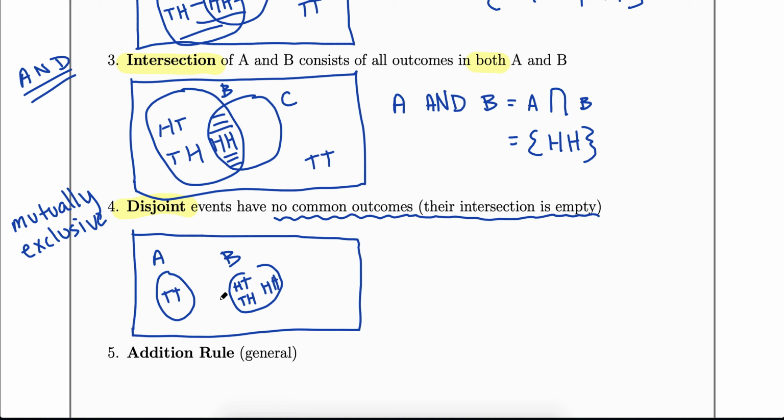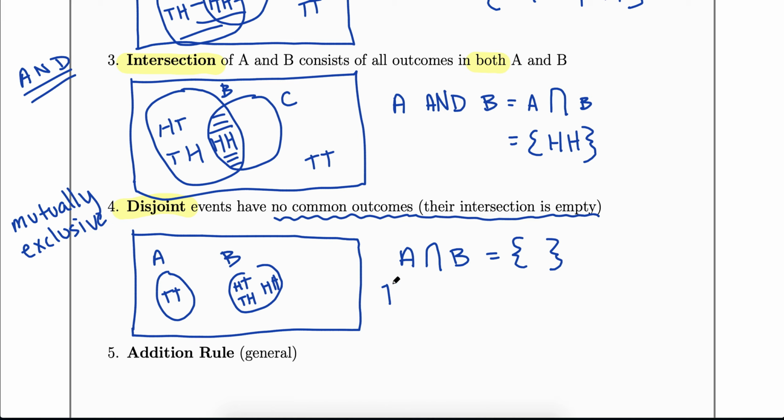They don't share any, there are no shared outcomes, nothing in common. There's not an outcome that's both in B and in A. So here I might say A and B, their intersection is empty. There's nothing in common between these two. Up here we had heads, heads was common between them. Down here there's nothing common between these two events. So we would say A and B are disjoint or mutually exclusive events.